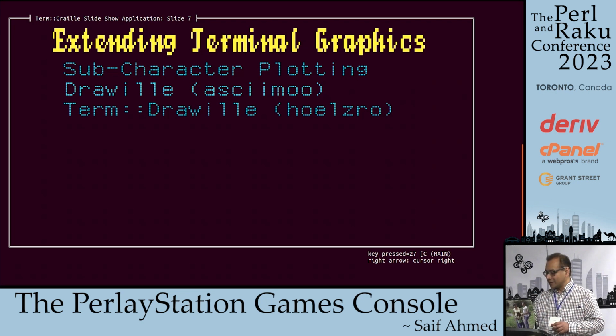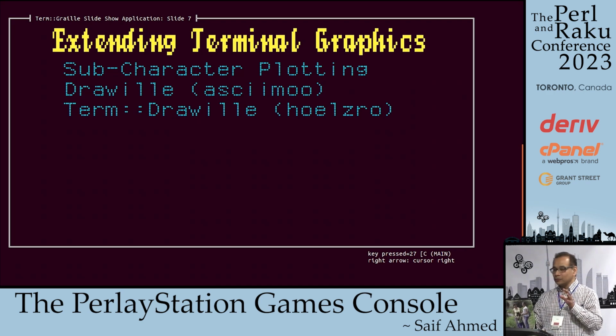Shortly after that, someone called Holstrow produced term.drawille, which is a sort of clone of Drawille. The way it works is that Braille characters have 8 little dots arranged in 2 columns of 4 rows. Those Braille characters can be ported onto any console that can display UTF-8 characters.